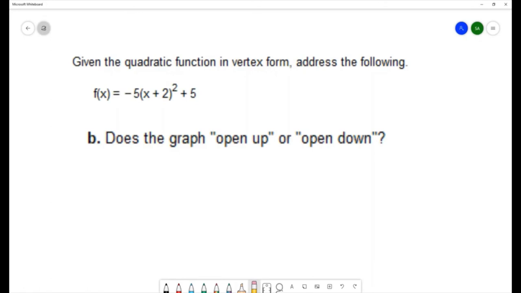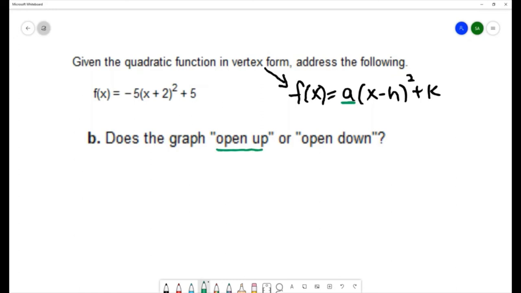For our next part, we want to know, does the graph open up or open down? So once again, our function is in vertex form, which is f(x) equals a times (x - h) squared plus k. And in the vertex form, the coefficient a is going to tell us whether the graph opens up or opens down.